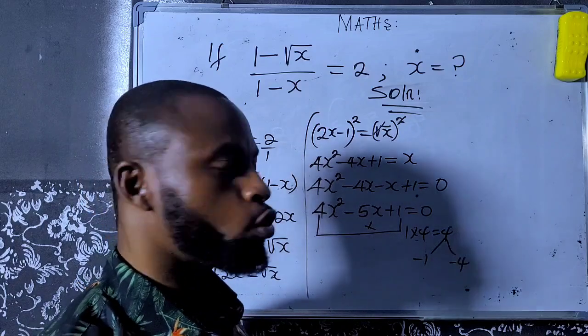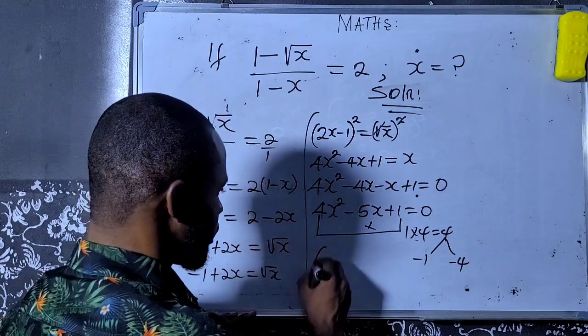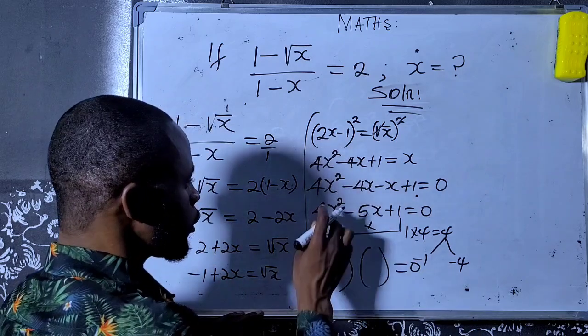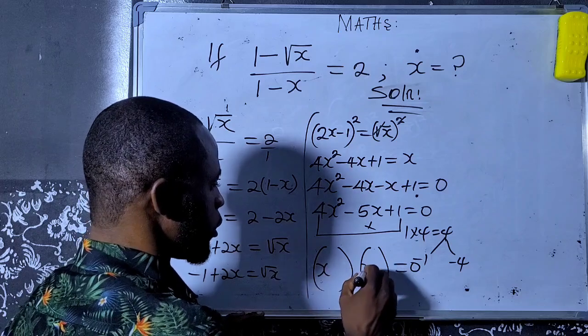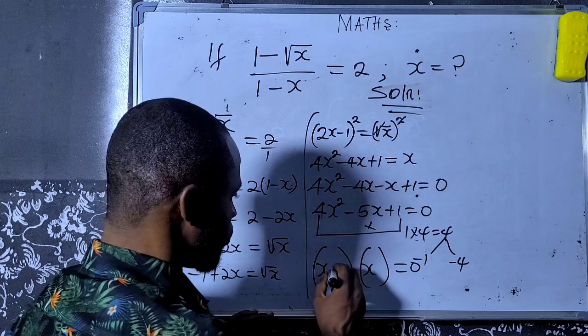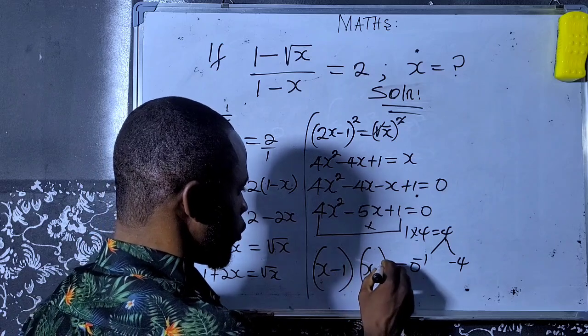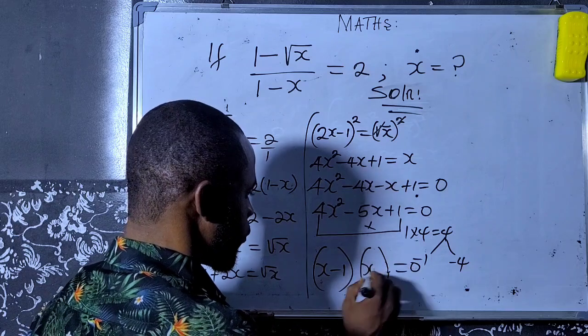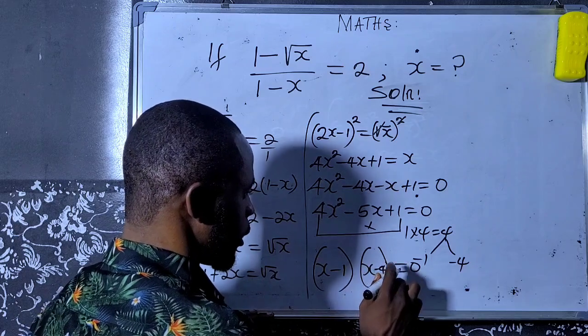Then in that case, open two brackets like this, equate it to 0. Since this is x squared, insert 1x here and insert another one here. Then introduce each of these factors into each bracket: minus 1 here and minus 4 here.